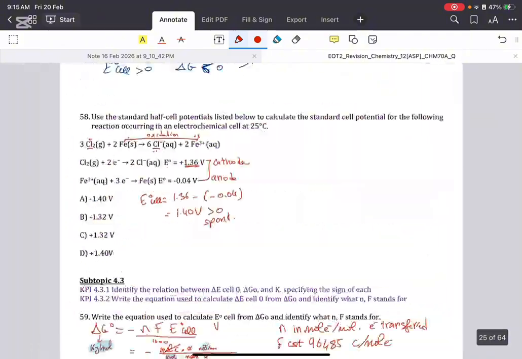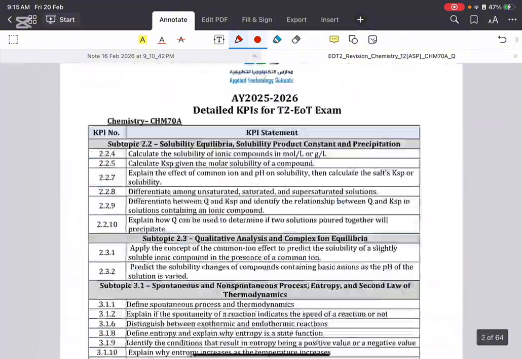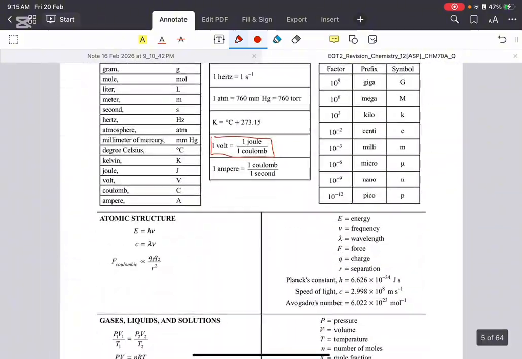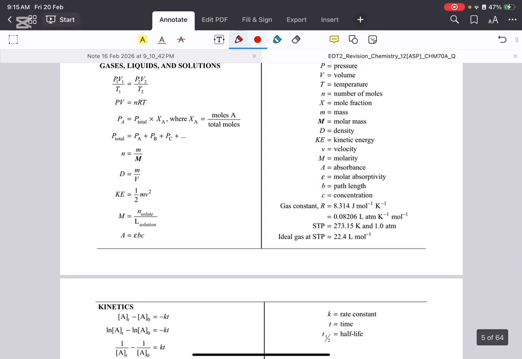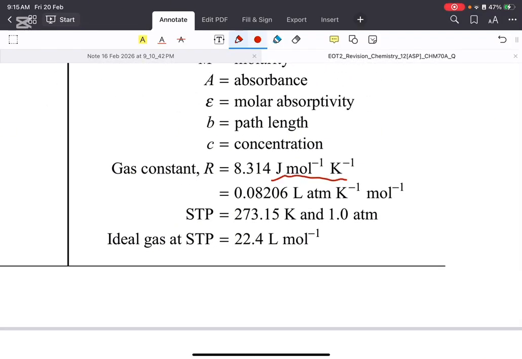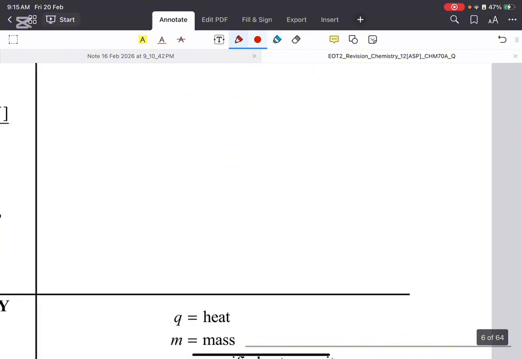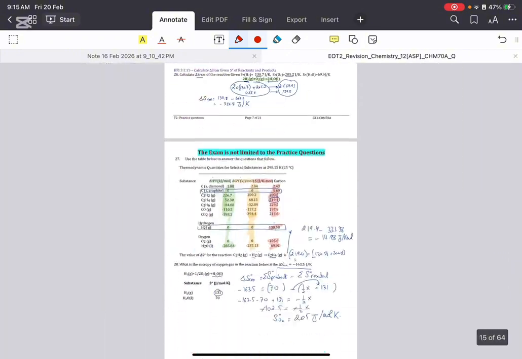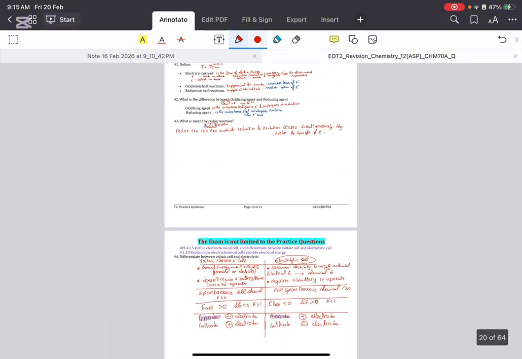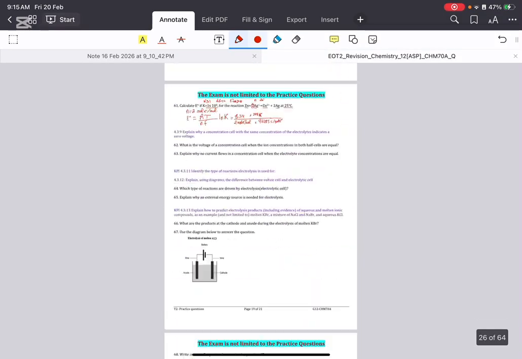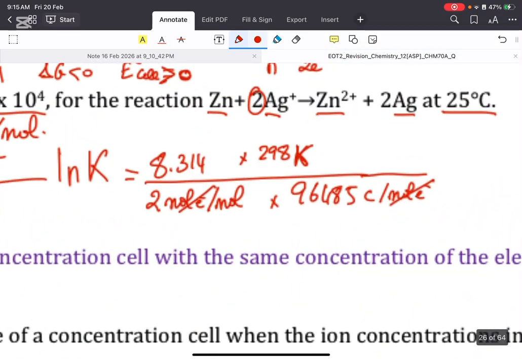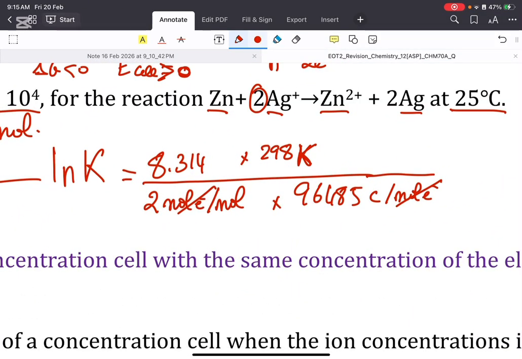Now for the R, I'm going to show you the unit of R over here. R is over here. It is joule mole minus 1 Kelvin minus 1. So it's joule per mole Kelvin. Joule per mole Kelvin, and the temperature 298 Kelvin.